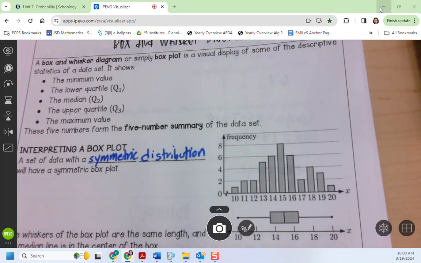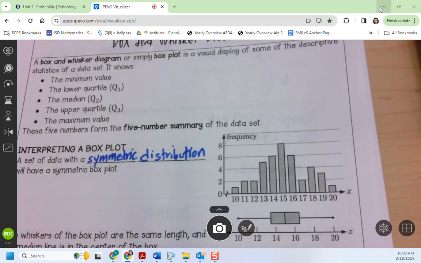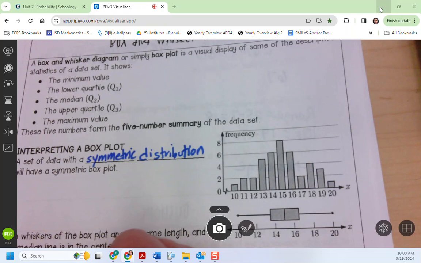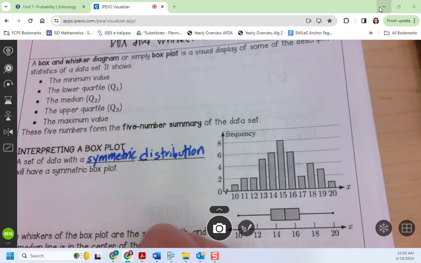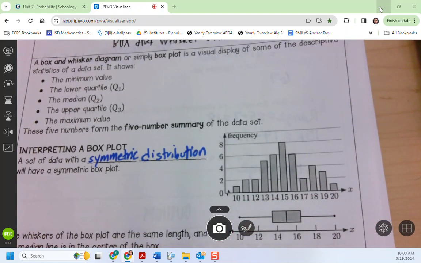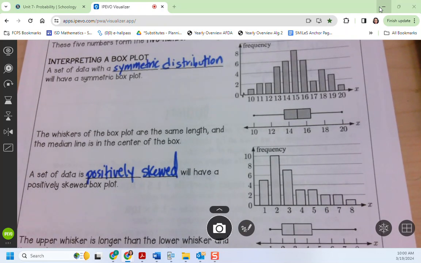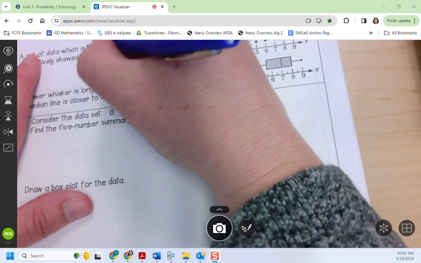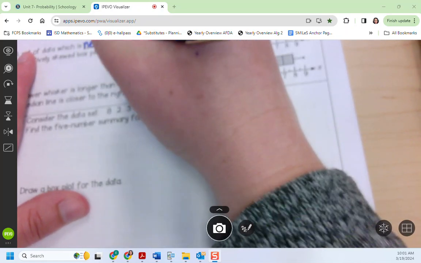The whiskers of the box plot are the same length. The median line's in the center of the box. That would be a symmetric box plot. If a set of data is positively skewed, then it will have a positively skewed box plot. All right, so this side we have a negatively skewed graph, which makes a negatively skewed box and whiskers.